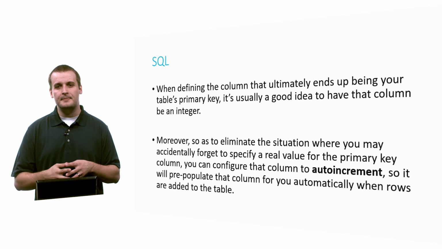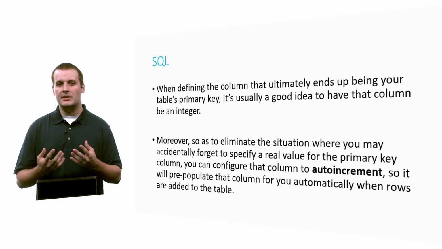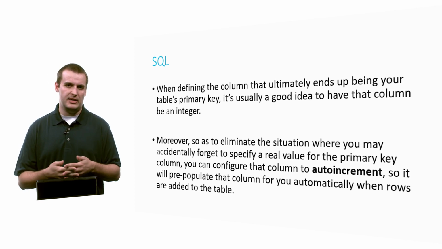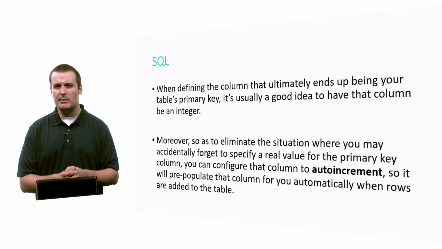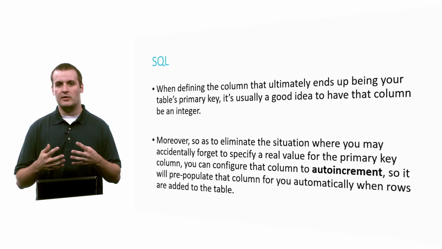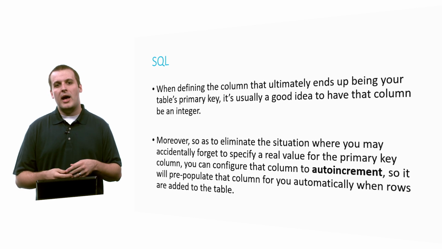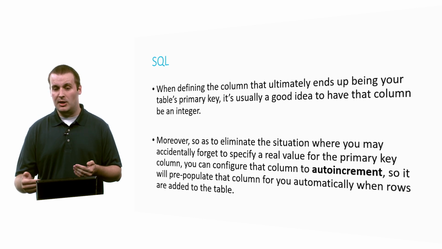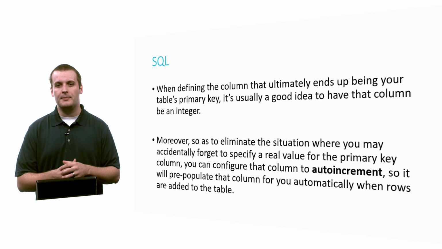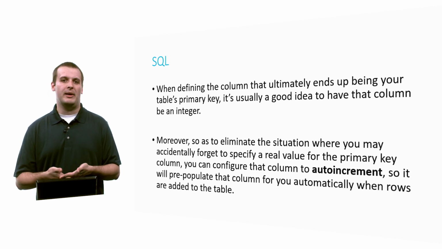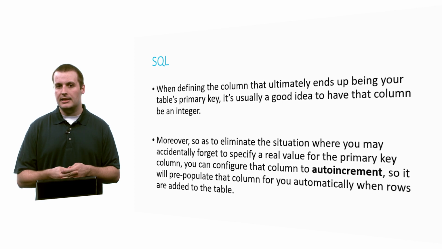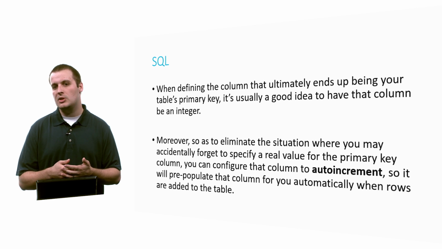Well, it turns out that when you are defining a column that is going to be your primary key, which is usually, like I said, an ID number, it's not always necessarily going to be an ID number, but it's usually a good idea to be some sort of integer value. You have an option in phpMyAdmin when you are creating your database or your table to set that column as auto-incrementing, which is a really good idea when you're working with a primary key, because you want every value in that column to be unique.